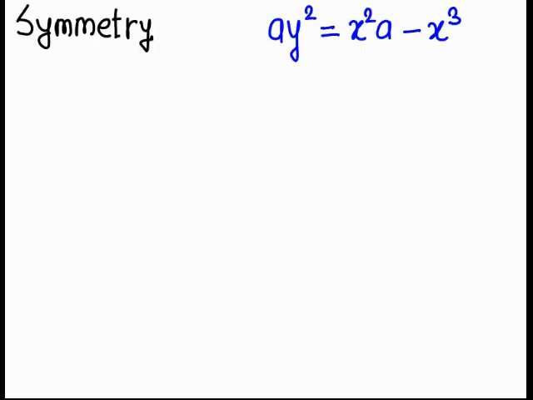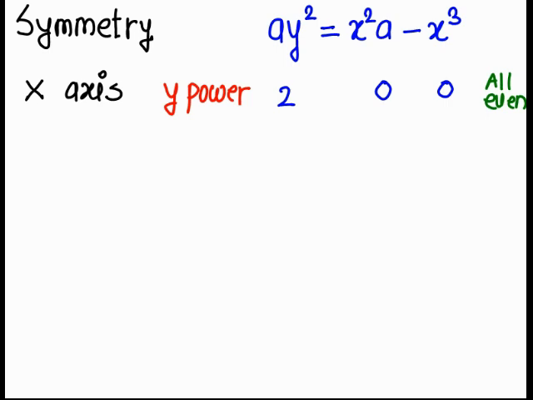To find the symmetry of ay square is equal to a x square minus x cube, first of all we discuss the x-axis. For the x-axis we need to find the power of y. If you observe, in the first term the power of y is 2. So all the powers of y are even, which means it is symmetric about the x-axis.